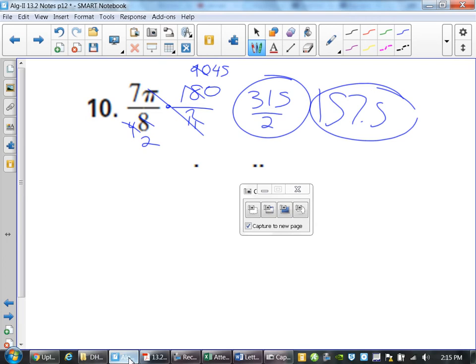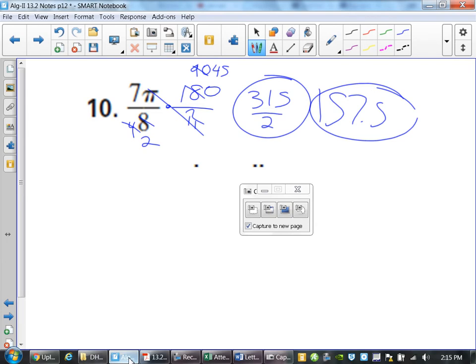Okay. Simplifying fractions. Converting things back and forth. All right. Radians, like I said a little yesterday, radians are very, very easy to use once you get accustomed to how they're placed and how things are worked.